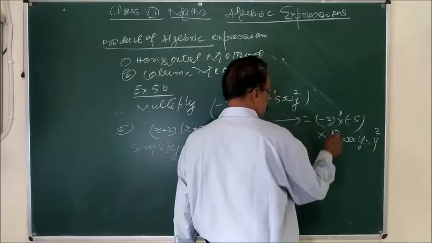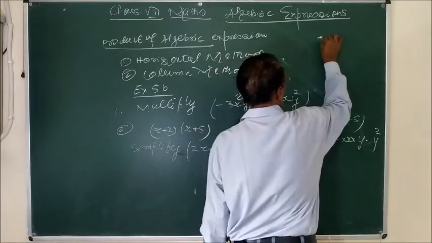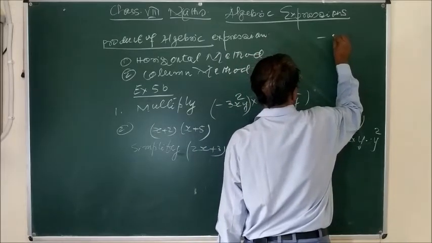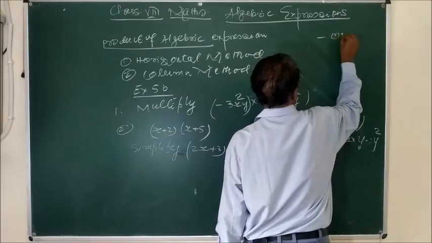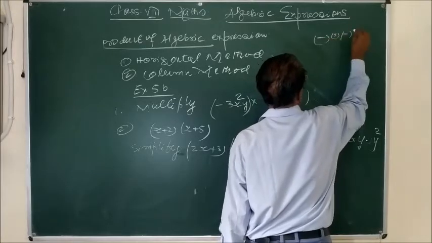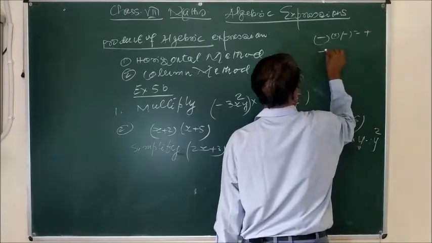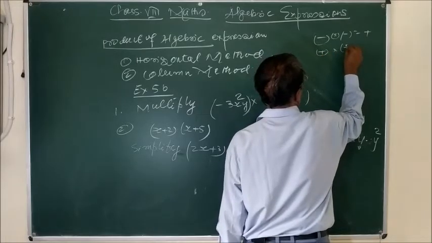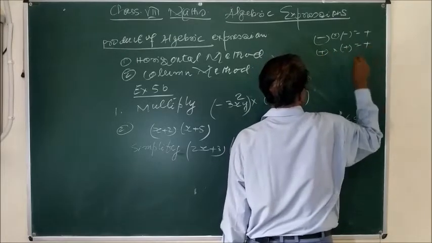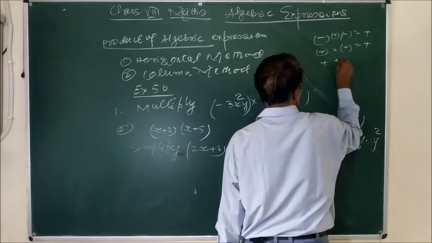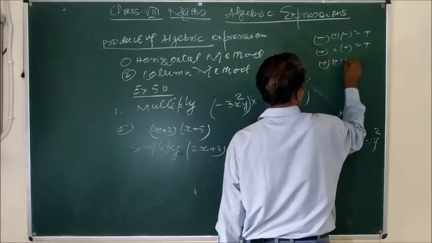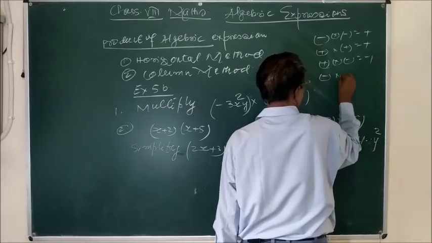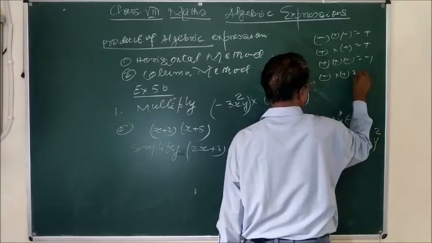Now you see, these are the rules I have already explained. Minus into minus, so you will get plus. Plus into plus, plus. Plus into minus, minus. And minus into plus, minus.